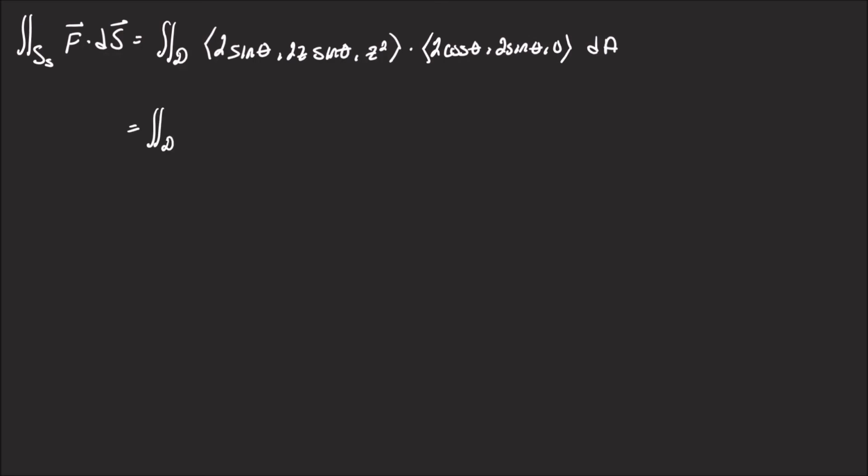This is the double integral over D of 4 sine theta cosine theta plus 4z sine squared theta dA. Let me rewrite that z. There we go. But the domain was for theta 0 to 2 pi and for z 0 to 5.